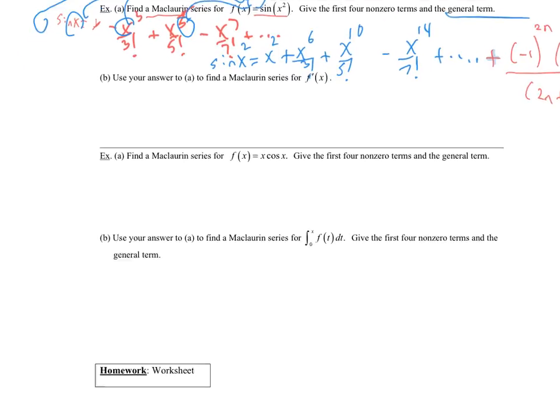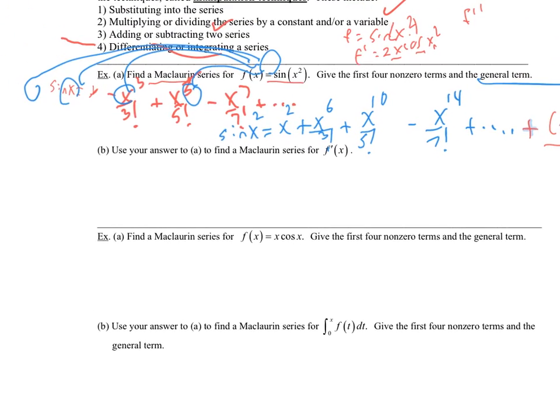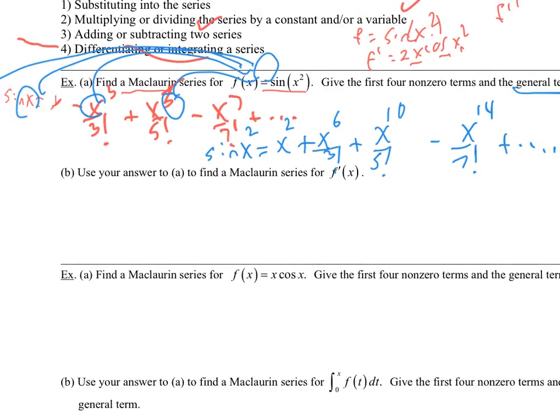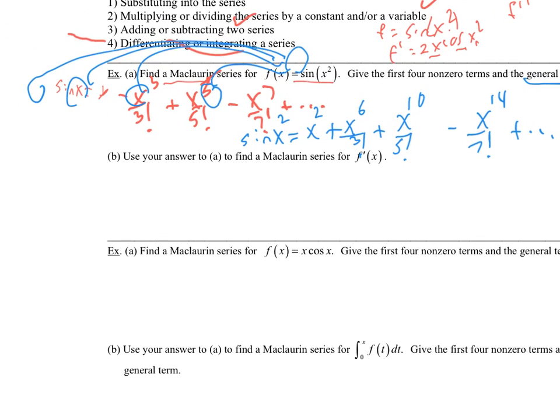There you go. Use the answer in A to find the Maclaurin series for f prime of x. So he wants f prime of x. Well, I guess he's just telling me to take the derivative of every term.